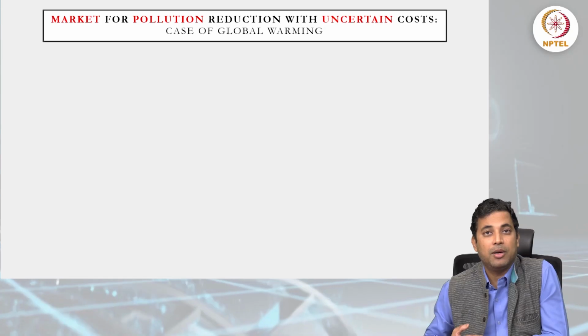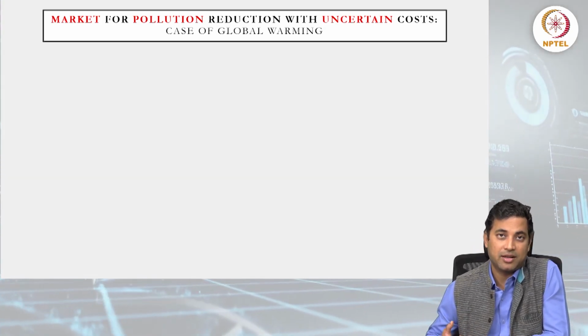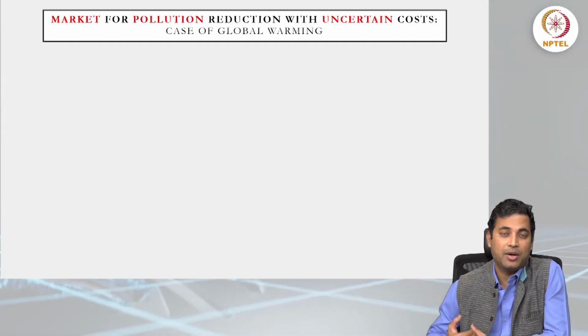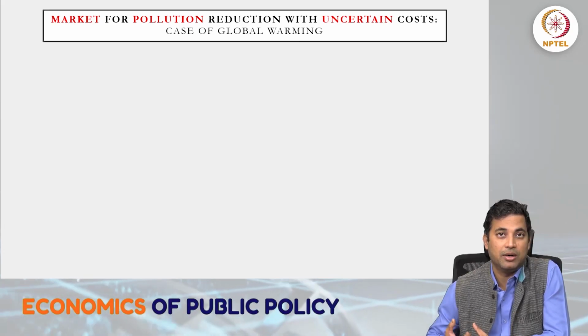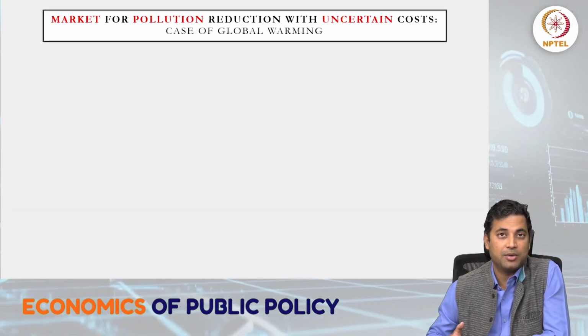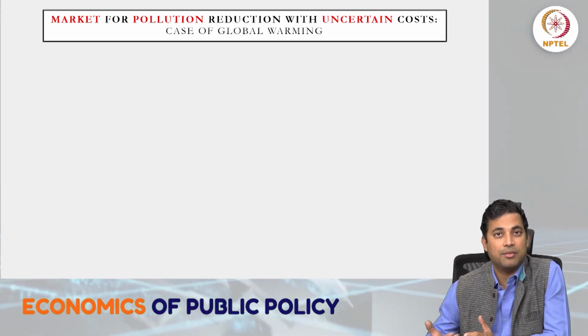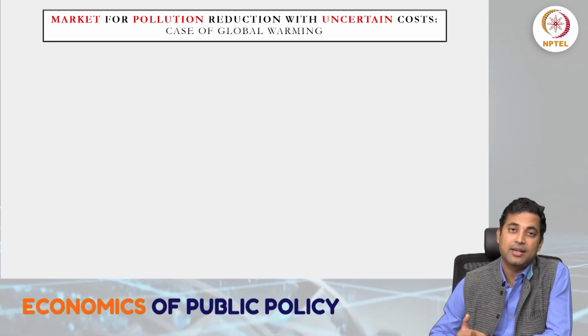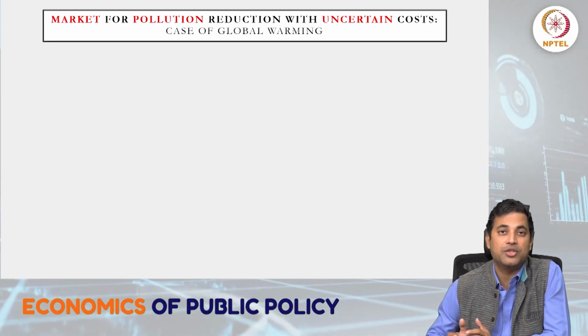So we will bring the same concepts and the same discussion that we had in the context of the efficient pollution control debate, where we discussed the cost of pollution or the cost of any sort of negative externalities, and then we tried to bring in the pollution and pollution reduction trade-off.